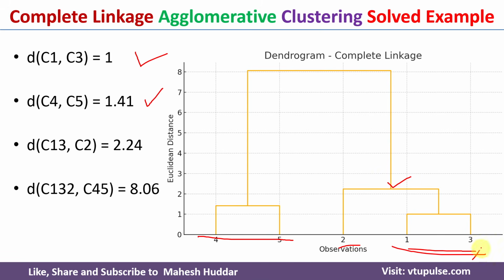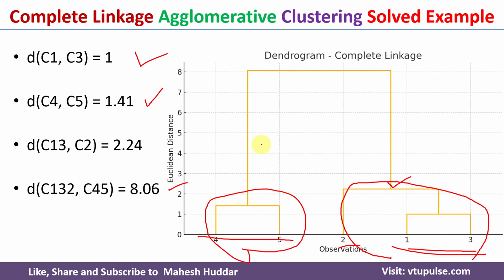Finally, we merge the cluster C132 with C45 with a merging cost of 8.06. This is how we can find the merging costs, and we can draw the dendrogram by using the complete linkage agglomerative clustering algorithm. I hope the concept of complete linkage agglomerative clustering algorithm is clear.